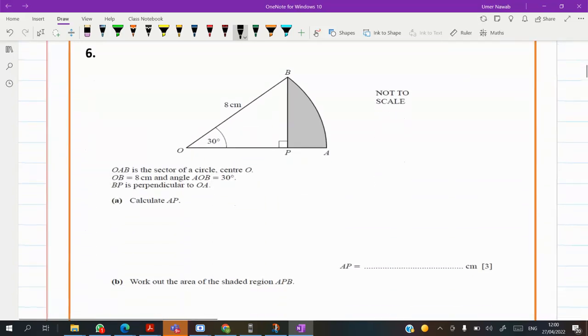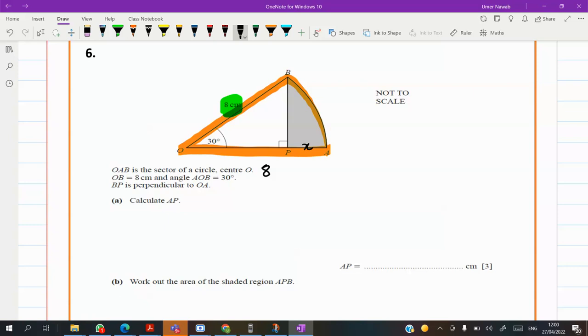Next, we want to find AP. So AP is this side, right, guys? As he mentions, OAB is a sector of a circle. So can I say that OB is 8, so OA is also 8?